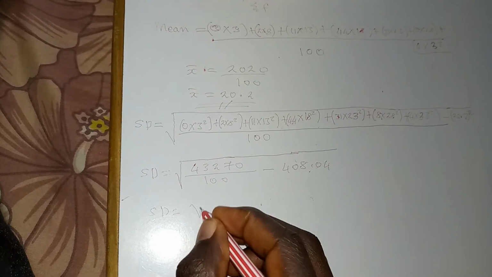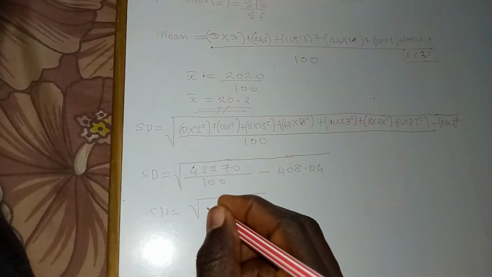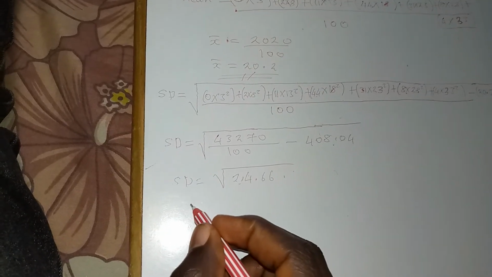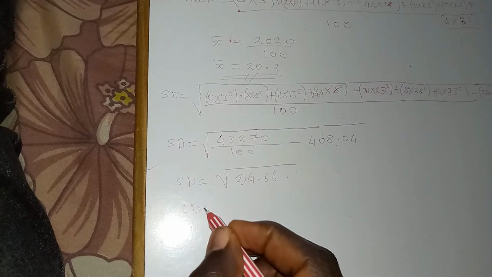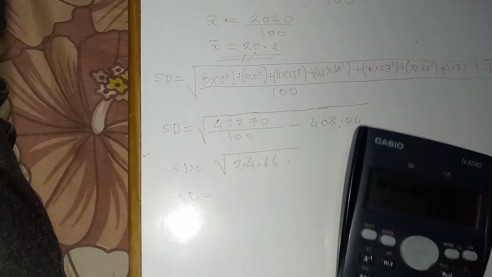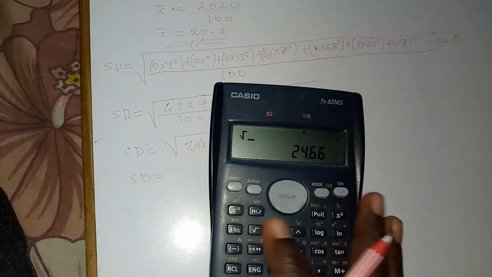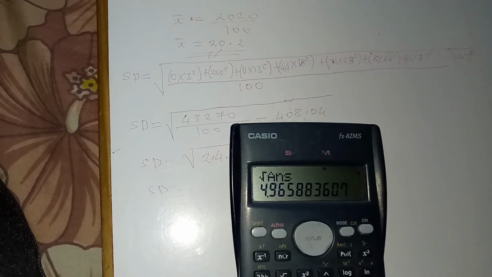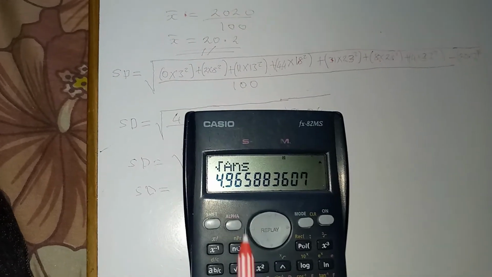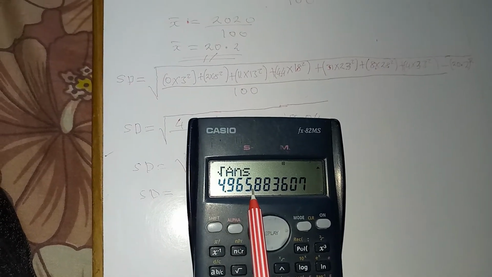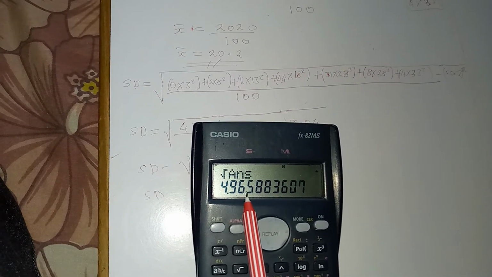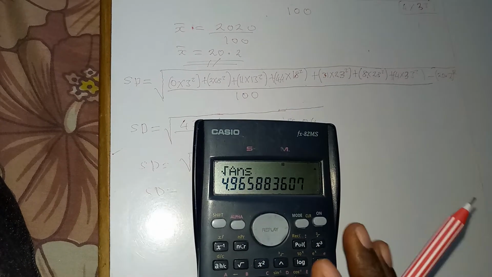So we'll say SD is equal to the square root of 24.66. Then SD finally will be equal to, find the square root of this, just place the square root on the calculator, to give you the answer, which is 4.97. We are having 4.965, but according to the exam rules, you leave your answer correct to 3 significant figures if the number has decimal places or it is not exact.